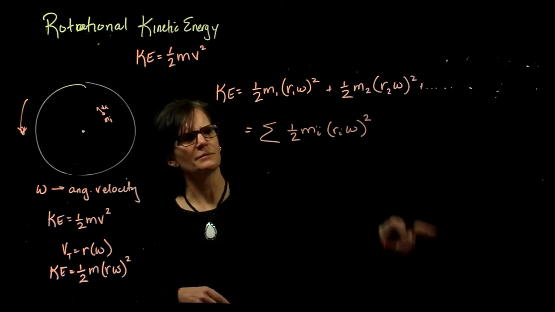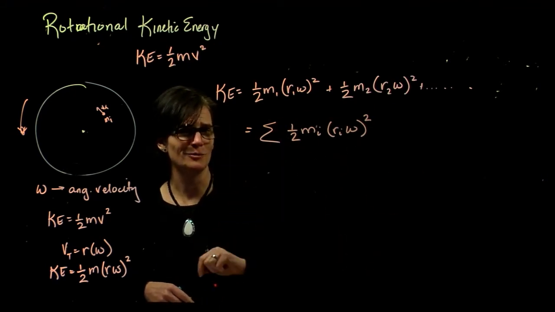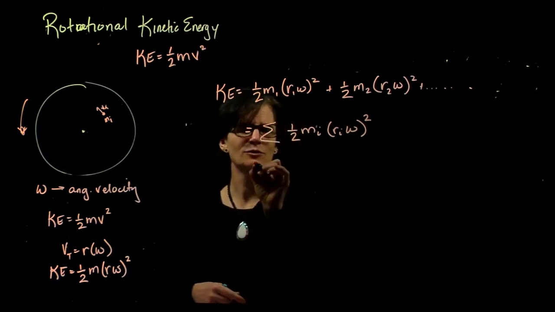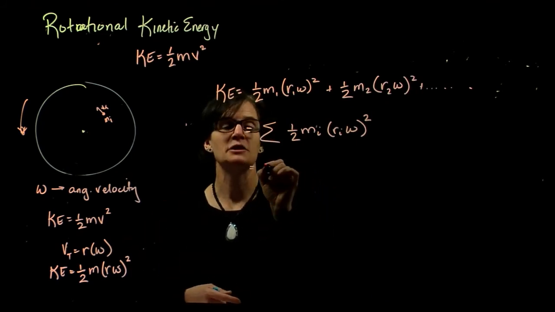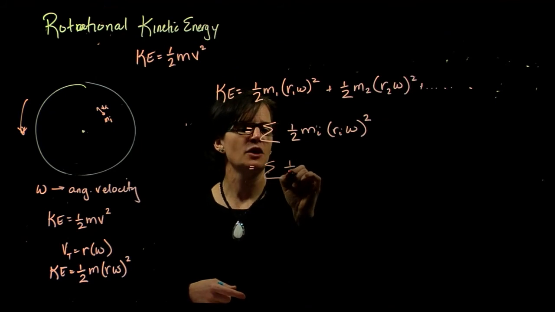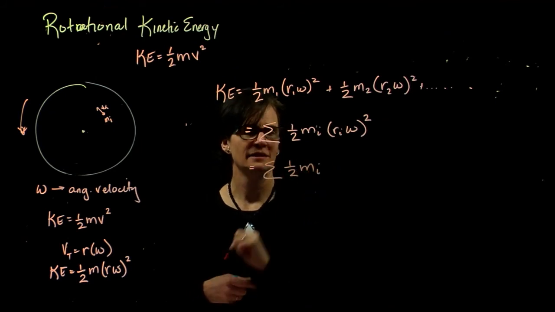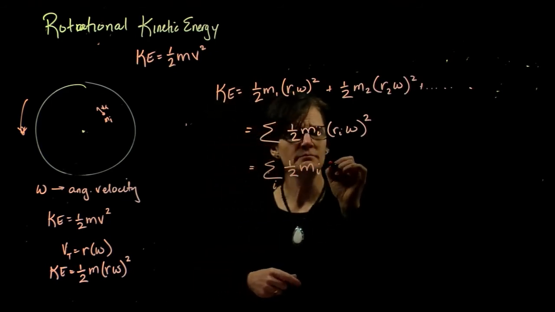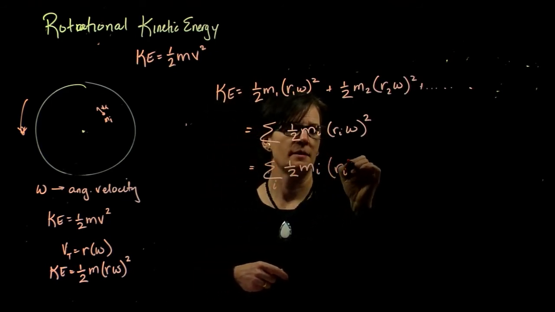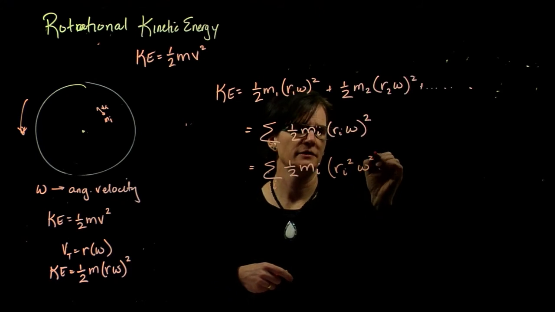Now, I'm going to do a little bit of distribution of that square so we can visualize what this translates to in terms of a relationship. So we have 1/2, the sum across the i's, of the mass times r sub i squared, omega squared.